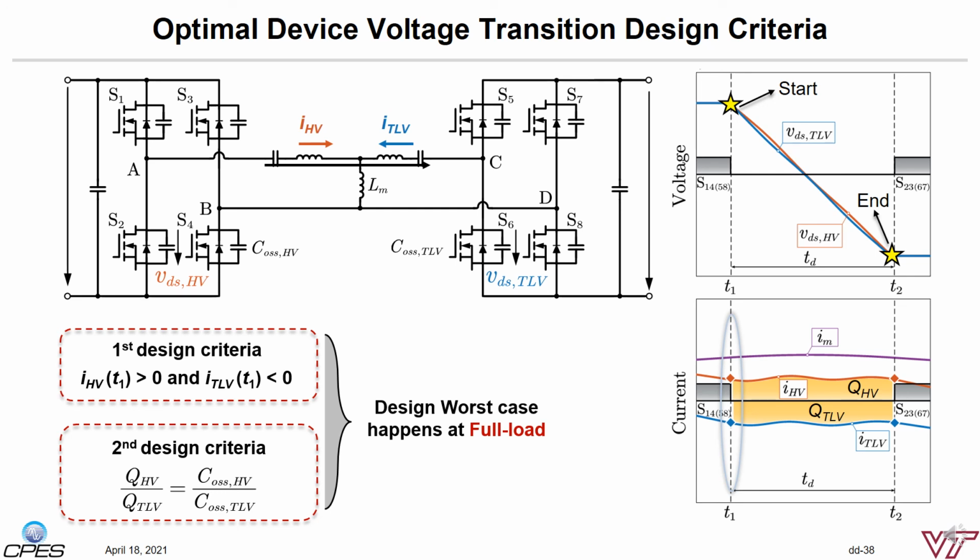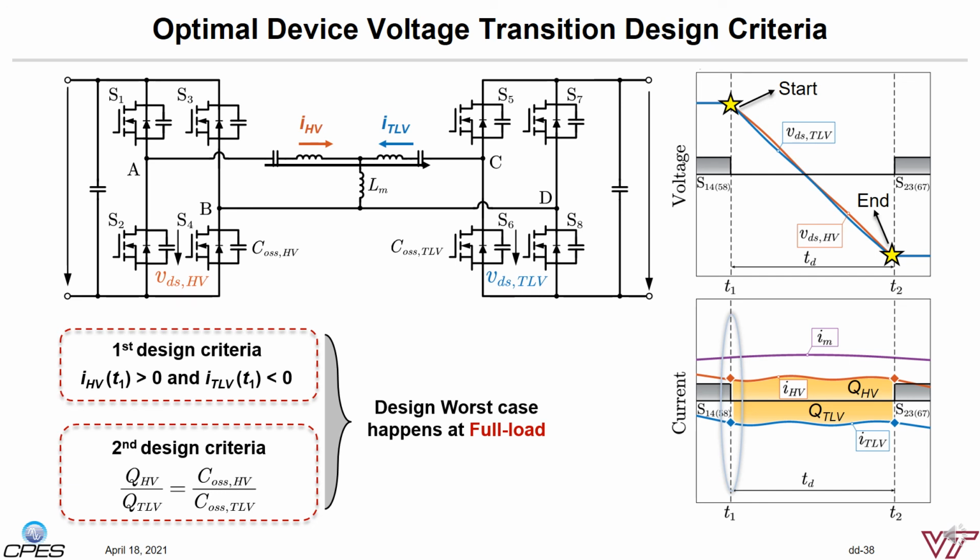Then, it comes with the second design criteria. By meeting these two design criteria, it will make the devices start and finish the voltage transition at the same time, thereby achieving the optimal voltage transition process and the ZVS for all the switching devices.